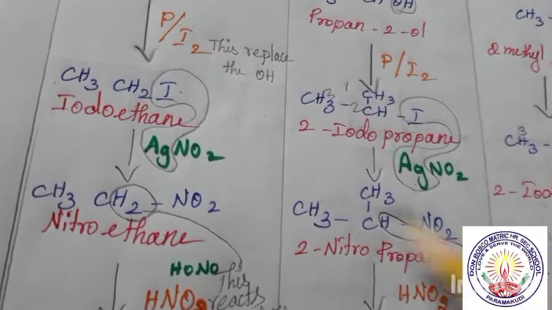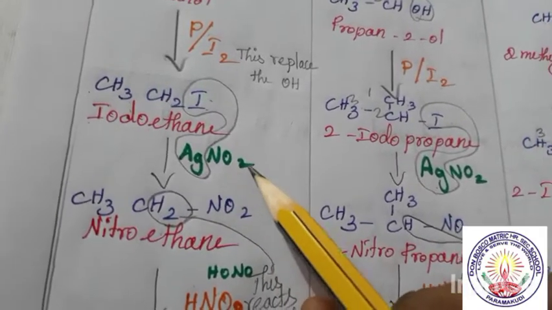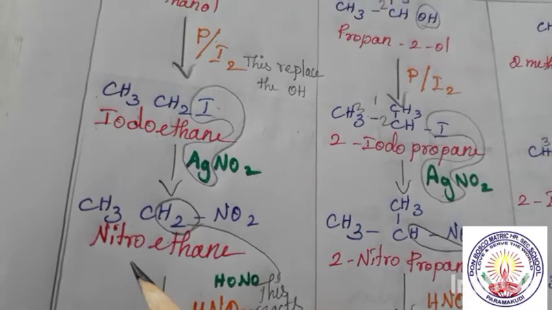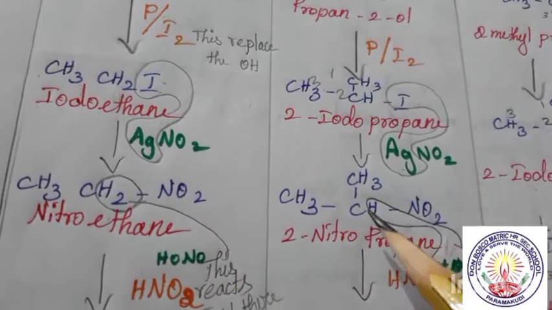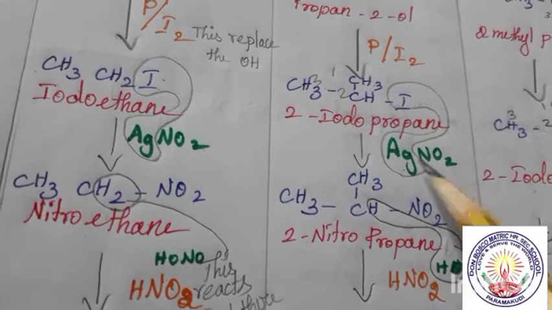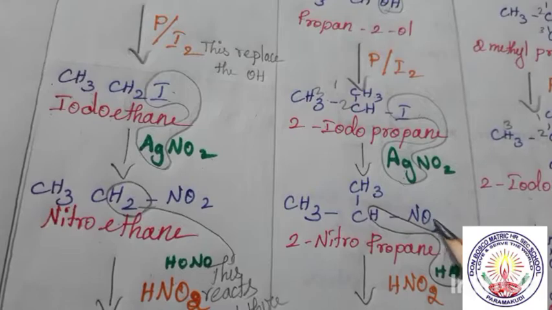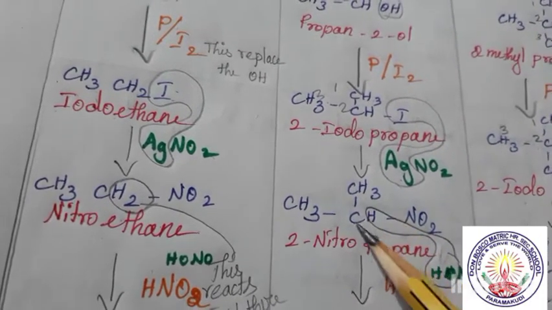So we will have CH3 CH2 NO2, and this is nitroethane. In the same way here, AgI will be eliminated and we will have NO2.